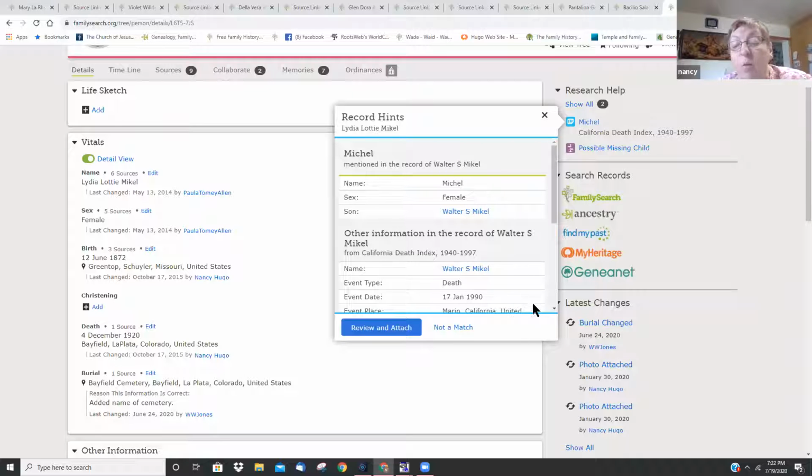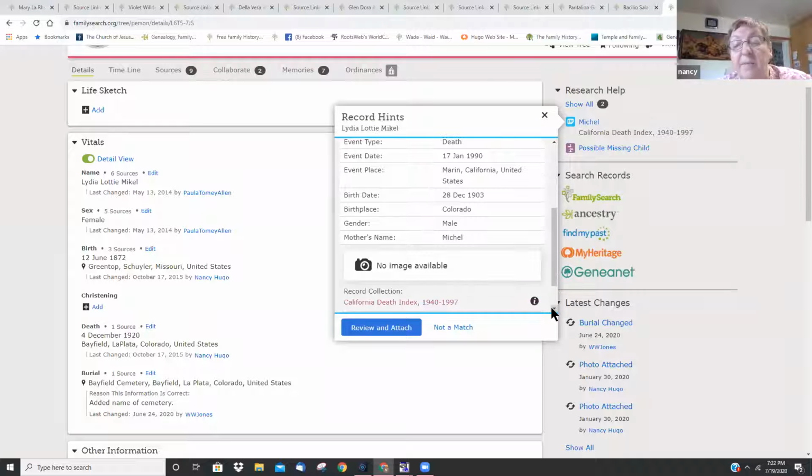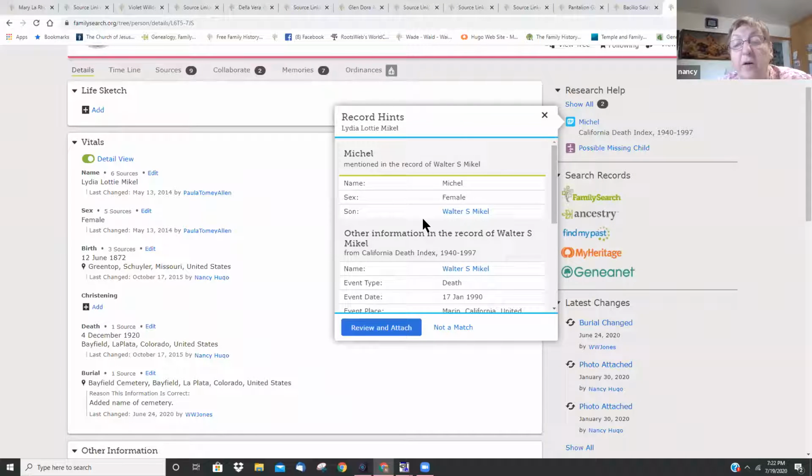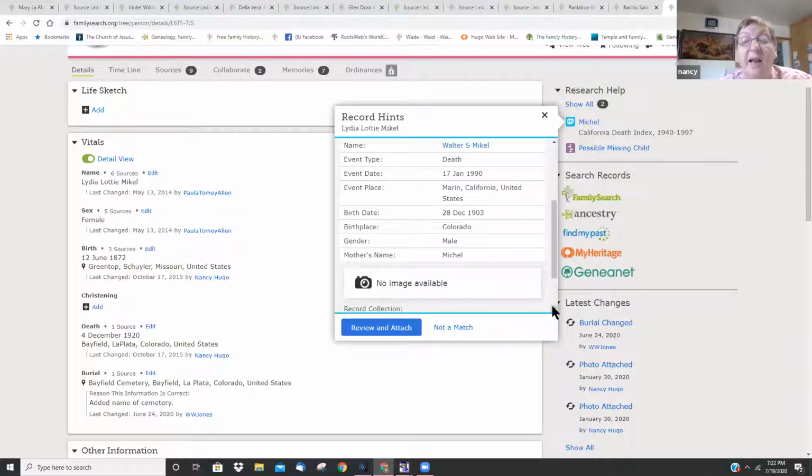And so it tells us that Walter Scott Michael died in 1990 and all about it, that his father was Walter S. Michael and his mother's last name was Michel.